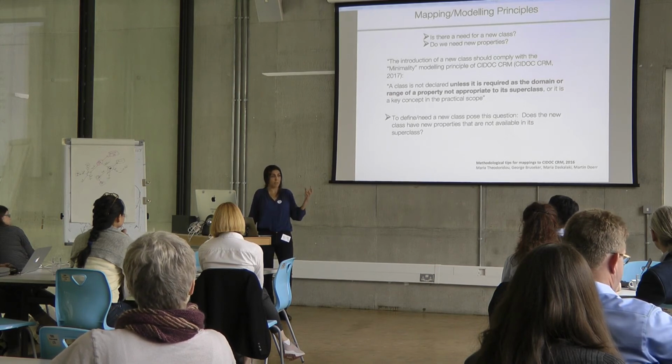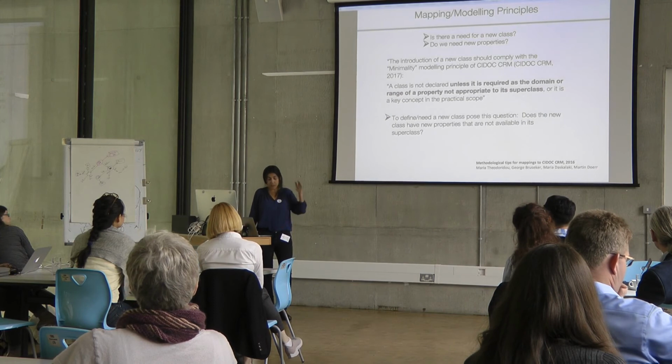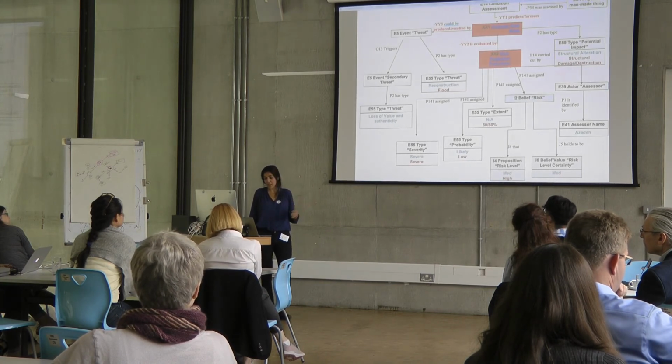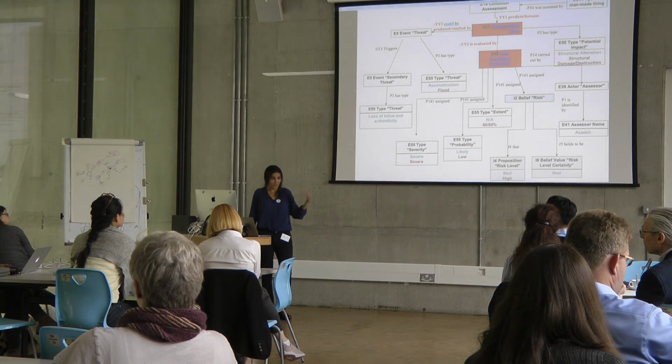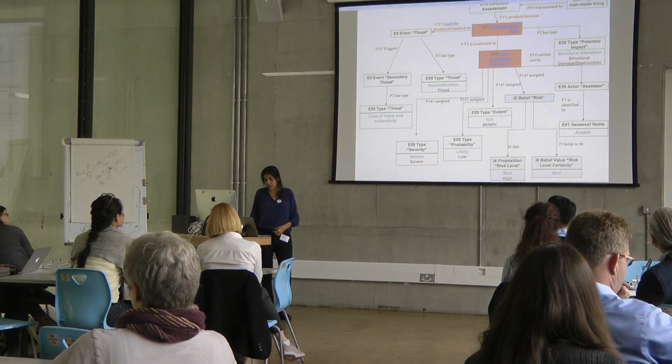As explained yesterday, classes are like nouns and properties are like verbs. If we're looking for a verb to define these things and we can't find it in CIDOC CRM, and it's not available in a higher class, then if there is no property, we can think that maybe there is a need for that class to be added.